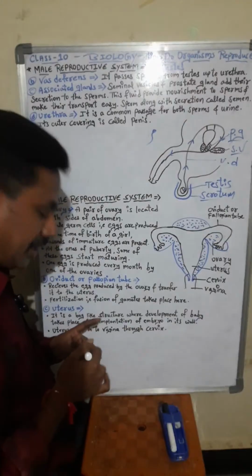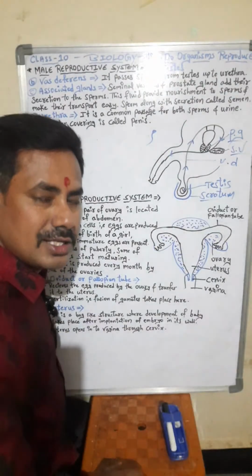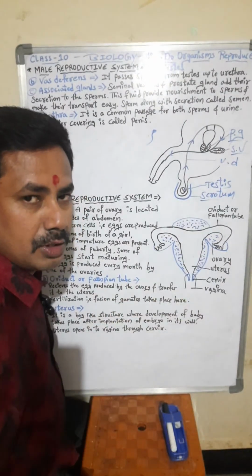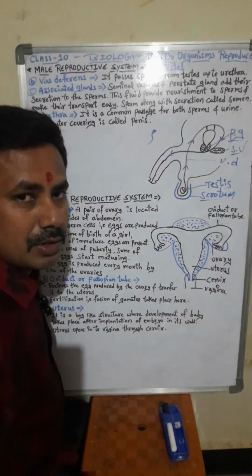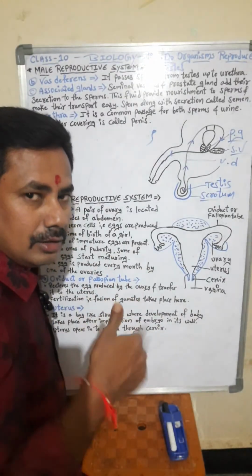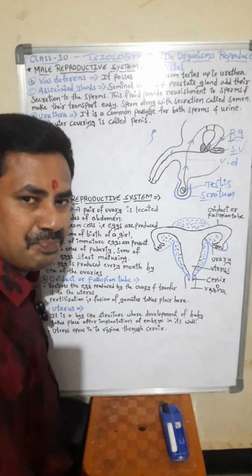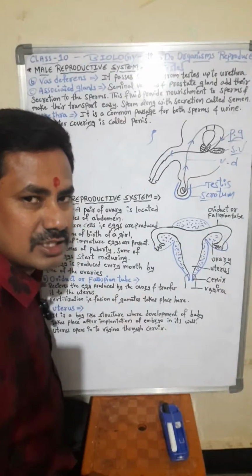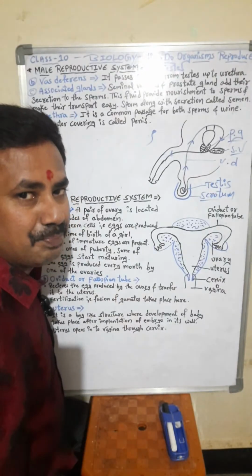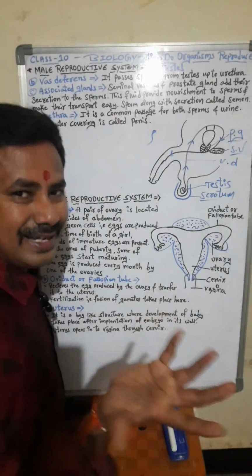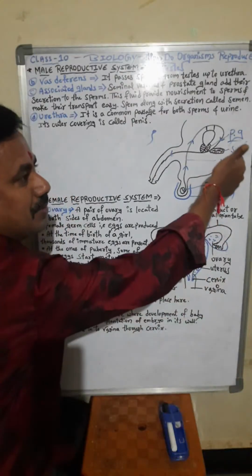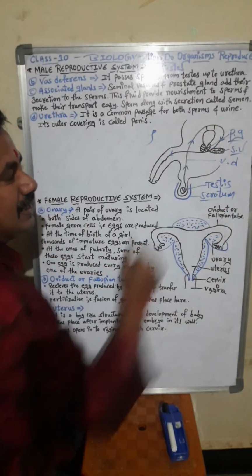They release secretions. These secretions help in the development and nourishment of the sperms, and also make their transport easy. The sperms will transfer very fast because they are in a fluid medium. Who is releasing this fluid? The seminal vesicles and prostate gland.